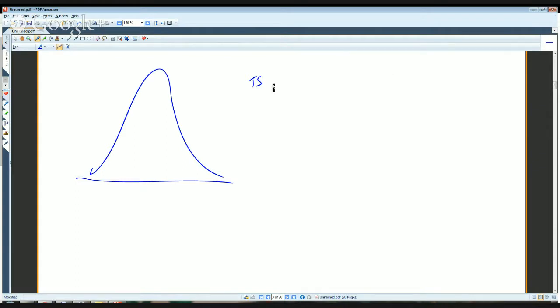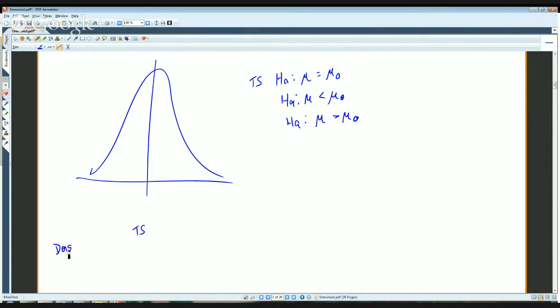If you want to test H naught: mu equal to mu naught versus HA: mu less than mu naught, that's one example of a one-sided test. The other example in this setting would be HA: mu greater than mu naught. What I'm drawing right here is the density of the test statistic, either asymptotic or its exact finite sample density or whatever we're modeling as the density of the test statistic under H naught.